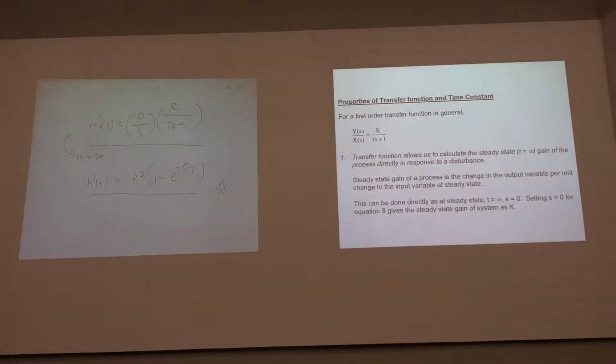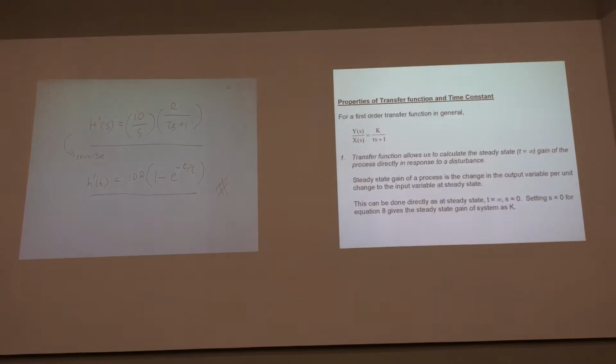Let's go through this. Remember, for the first order transfer function, we always have Y divided by X equals K divided by tau s plus 1. If you compare to the one that I had earlier, this one is H, this one is Q, and this one is R. But I don't want to use H, Q, and R, because they refer to the water level and the incoming flow, and this transfer function can be used for chemical mixing or any other purpose.